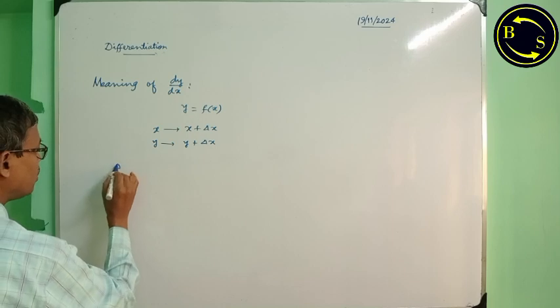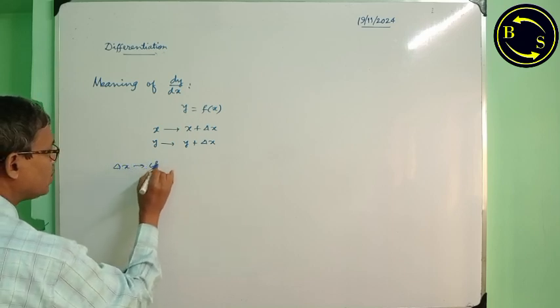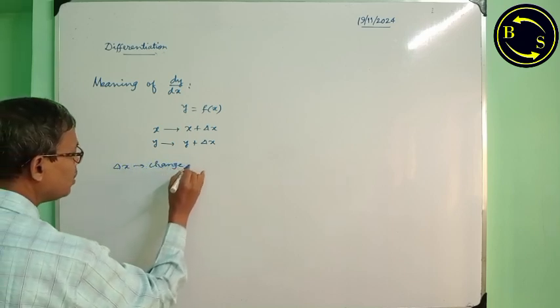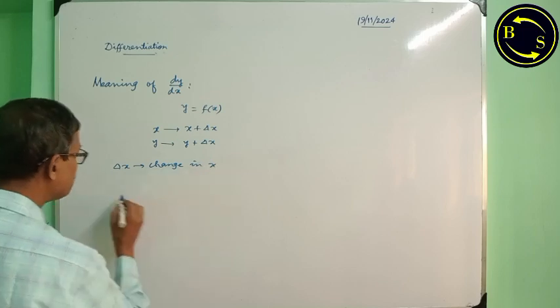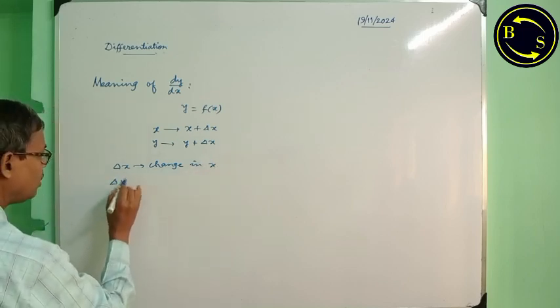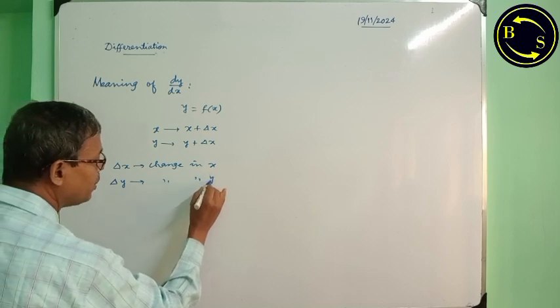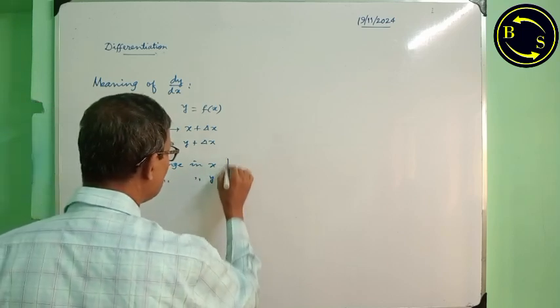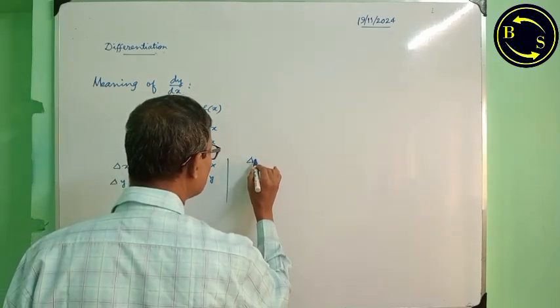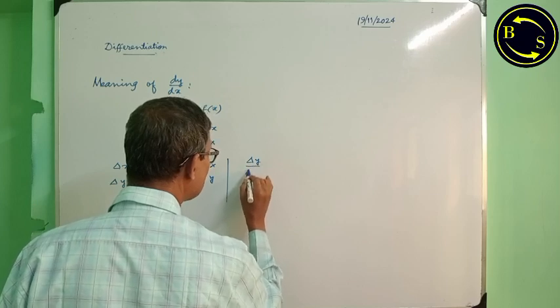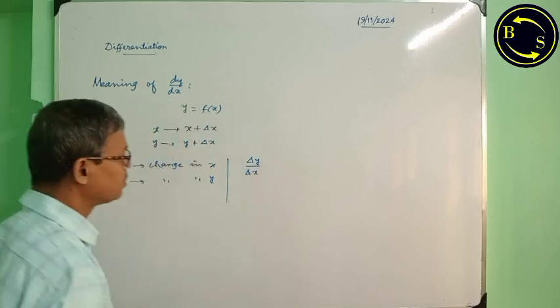That means delta x is the change in x, delta y is the change in y. Next, we have considered the ratio or quotient delta y by delta x.